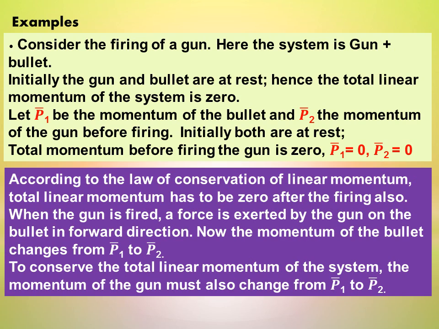So when the gun is fired, a force is exerted by the gun on the bullet in the forward direction. Now the momentum of the bullet changes from p1 to p2. To conserve the total linear momentum of the system, the momentum of the gun must also change.